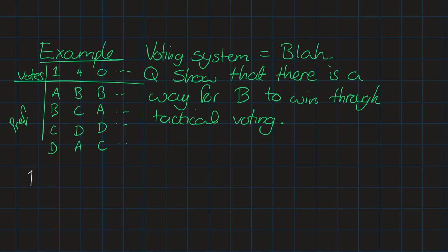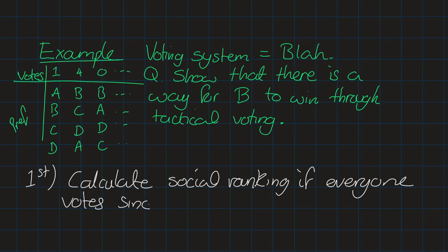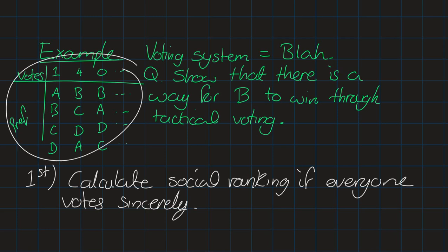Well, the first thing you should do is calculate who wins if everyone votes sincerely. So you should calculate the social ranking if everyone votes sincerely, i.e. if you use this voting profile right here, what's the social ranking?